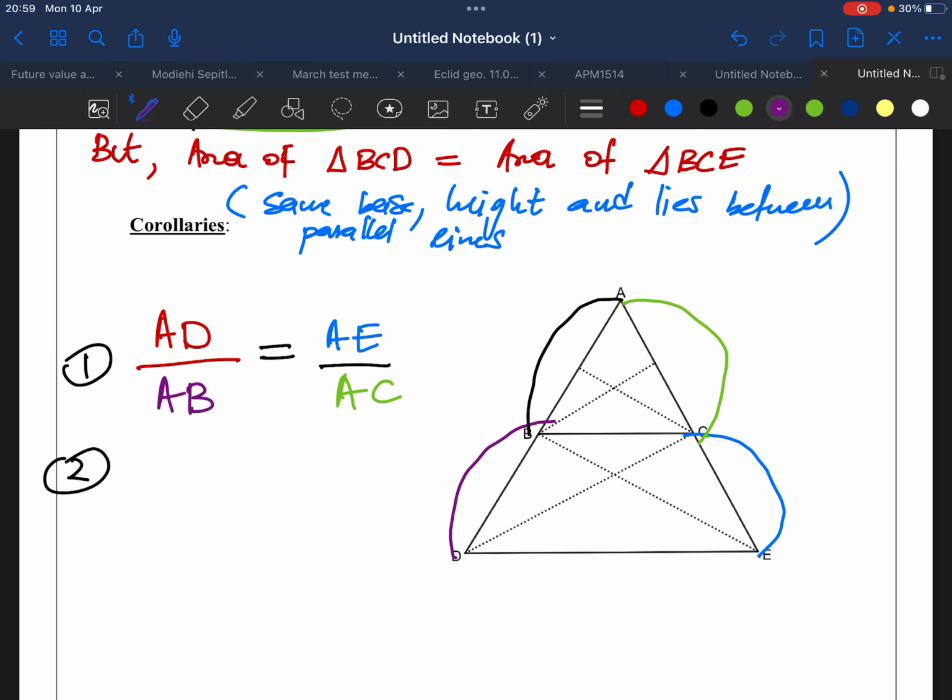So it's going to be DB over BA, which is equivalent to EC over CA. So that's corollary number 2.